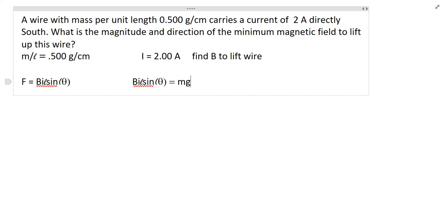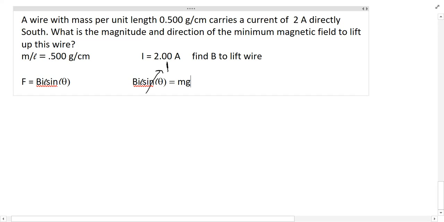So if we want the minimum magnetic field, we would want to pick a direction so that the sine theta term would be maximum. So let's assume that we pick a direction of the magnetic field where the angle between the magnetic field and the current is 90 degrees, and sine of 90 degrees is 1. So we get to eliminate the sine of 90 degrees term, since it is equal to 1.